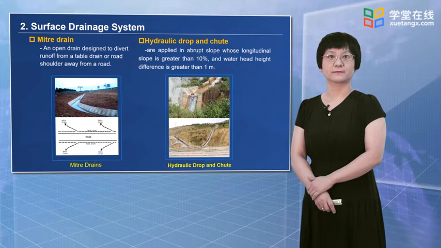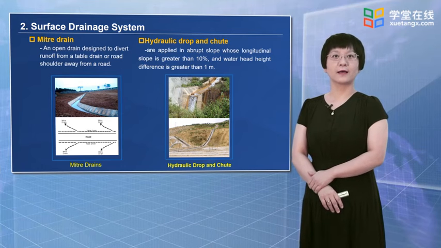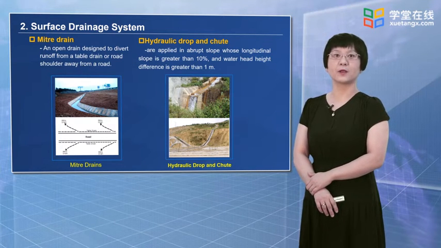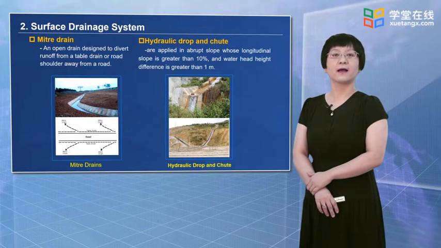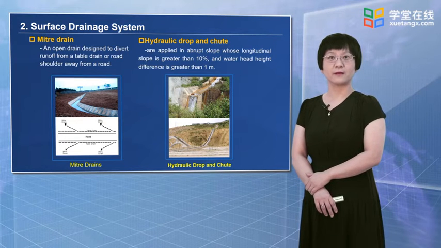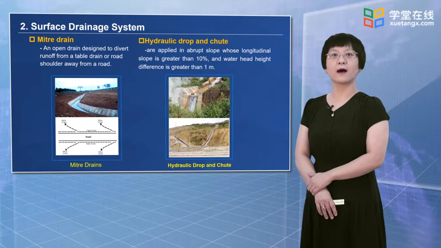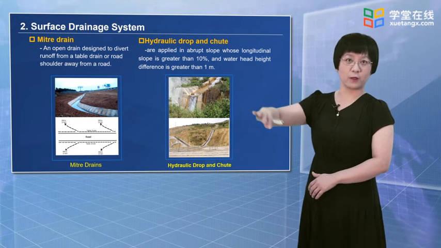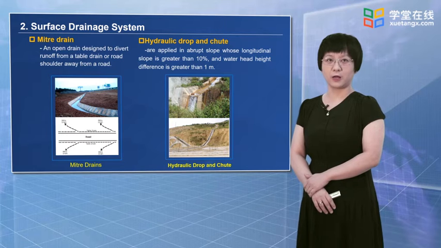Others: hydraulic drop and chute. Hydraulic drop and chute are special forms of a drainage system which are applied in abrupt slope whose longitudinal slope is greater than 10% and water head height difference is greater than 1 meter. Hydraulic drop is the structure through which the water from the upstream channel may flow and fall into the downstream channel over a drop.